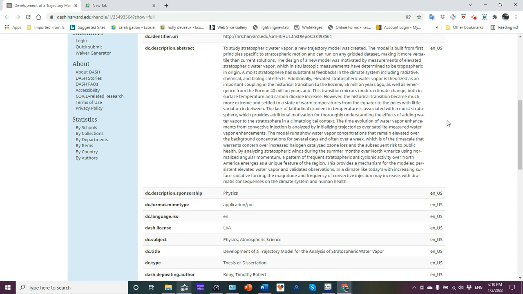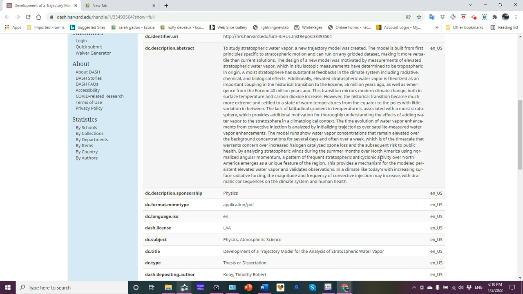By analyzing stratospheric wind during the summer months over North America using normalized angular momentum, because the Earth is a rotating body, a pattern of frequent stratospheric anticyclonic activity, clockwise, over North America emerges as a unique feature of the region. This provides a mechanism for the model's persistent elevated water vapor and validates observations.